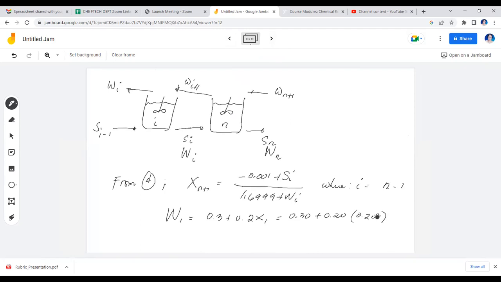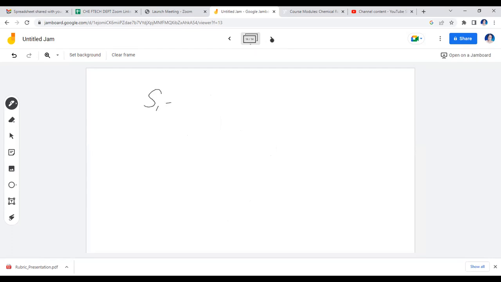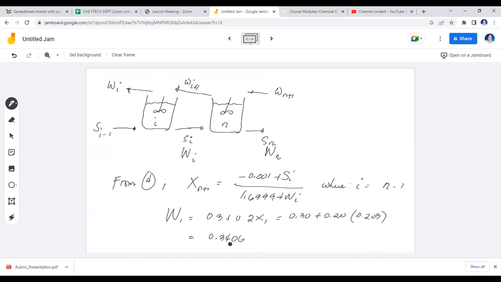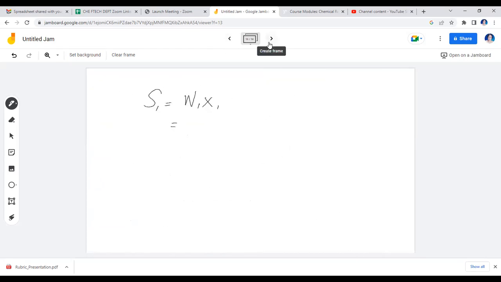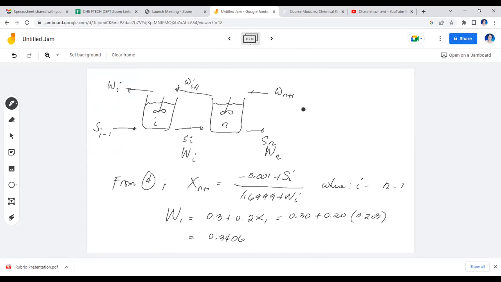So we already substituted it in there, and we have 0.3406 for our solution leaving thickener 1 in that case. Now, if we'll find S sub 1, the solute, that would be the solution times X sub 1. And in this case, that would be the answer that we have here, which is 0.3406 times the X sub 1 that we originally determined to be 0.203.